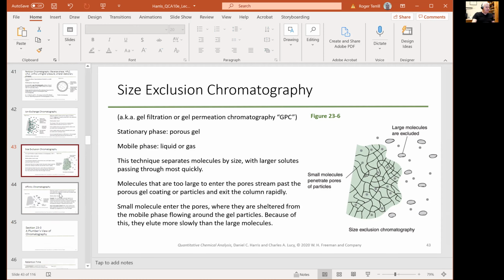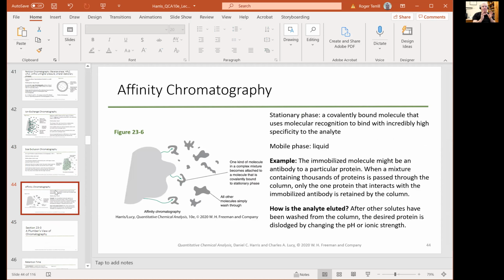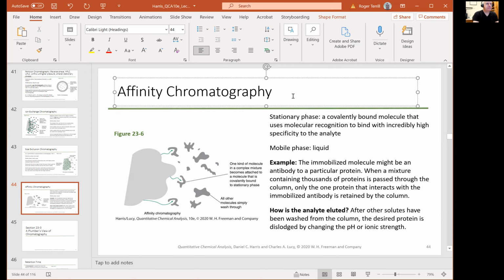And then there's affinity. This is a biochem tool. It's not really chromatography. You could just do it on a bed. You just need a lot of surface area, and 99% of the time it's antibody antigen. The thing that you're trying to separate from everything else is typically just a single analyte.